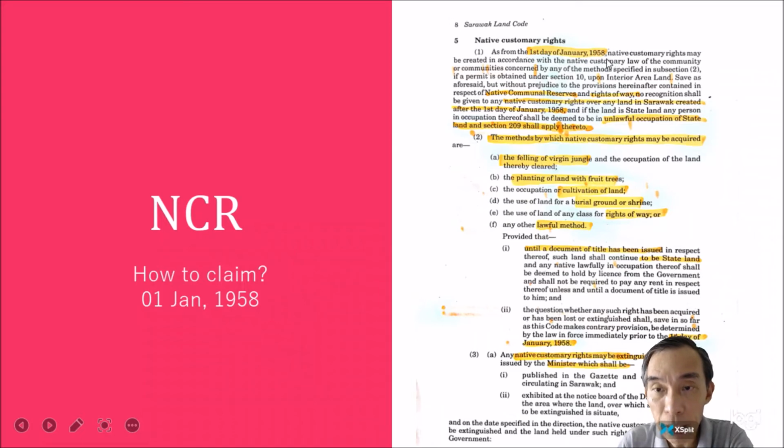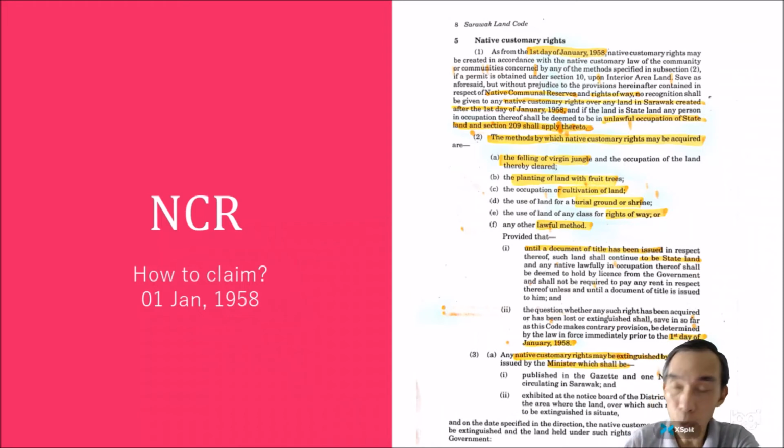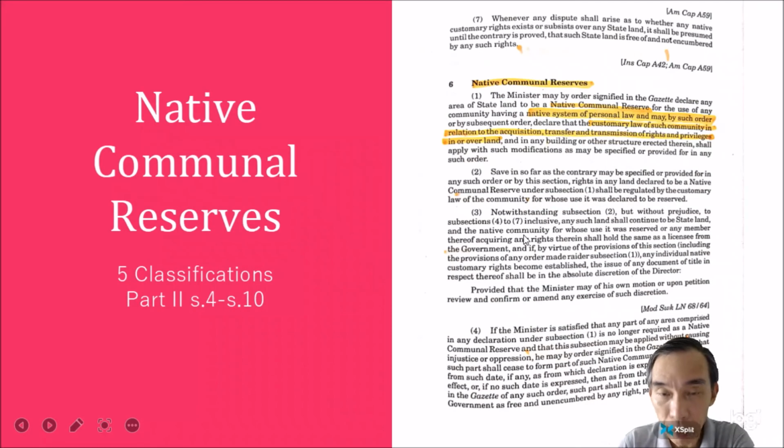Any land that is not claimed or not gazetted as native customary land on the 1st of January 1958 would have to fight for the case. They have to go to court and fight for the case by giving evidence. So how to give evidence? Later we will see how to give evidence.